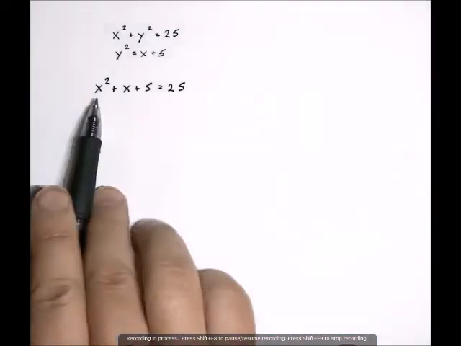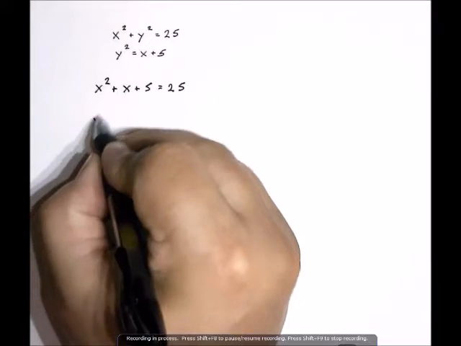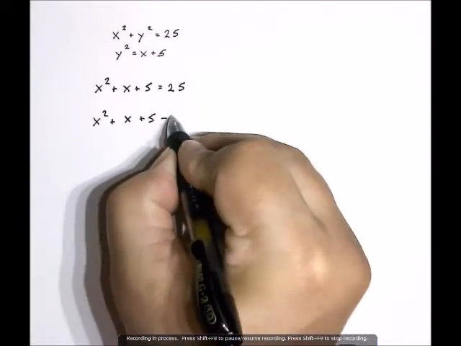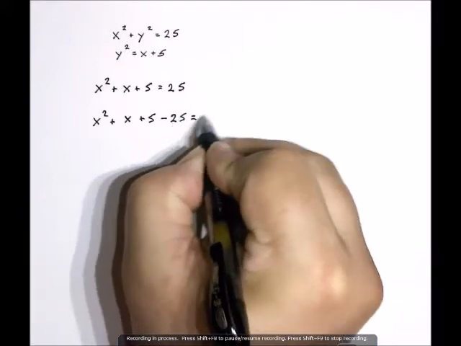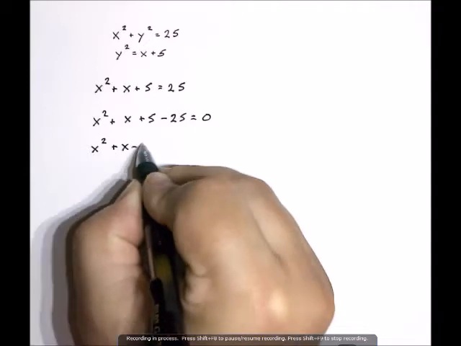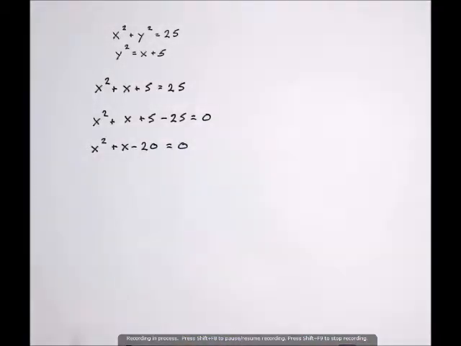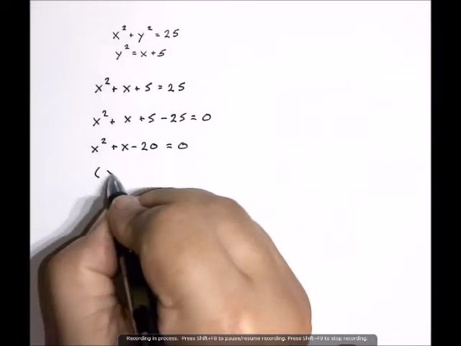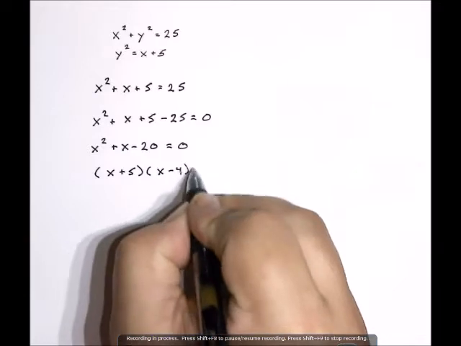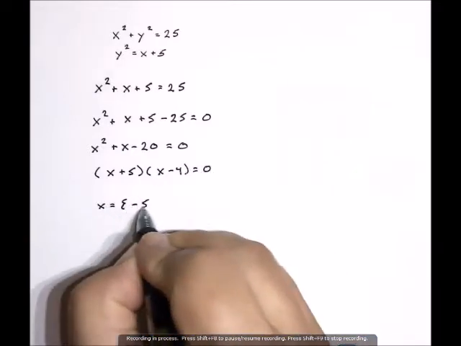And now I notice it's a quadratic, so I'm bringing everything over to the left-hand side. And simplifying. And again, that one's going to factor nicely. Which gives me a solution set of -5 and +4.